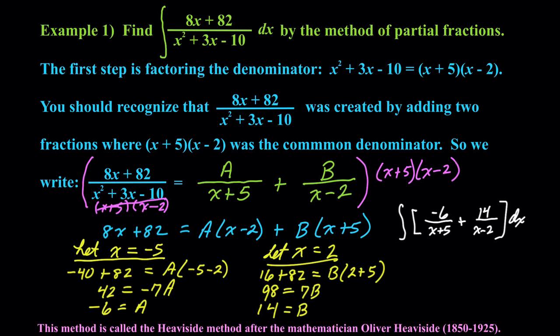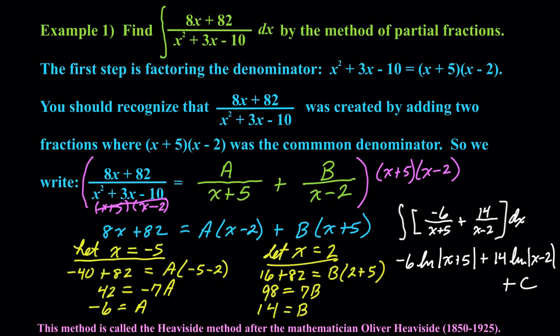All right, so if we do the integral of the first part of this, then you're going to take the negative 6 outside the integral, and that'll give you negative 6 integral of 1 over x plus 5, which is negative 6 natural log of x plus 5, plus, and then do the same thing with the next fraction. You'll get 14 natural log of x minus 2, and plus c on the end of that.